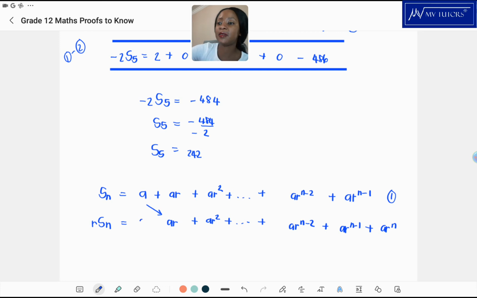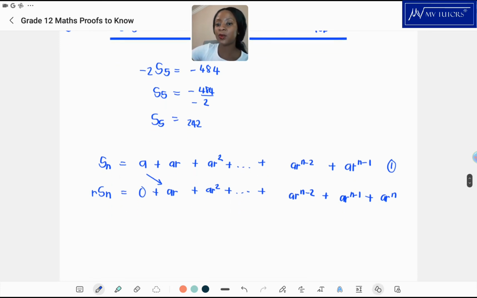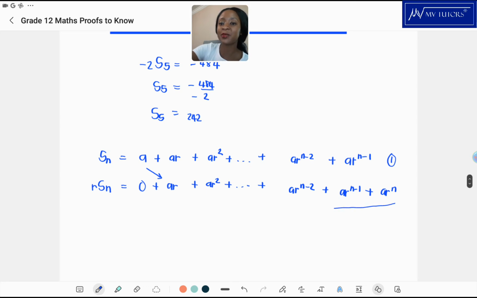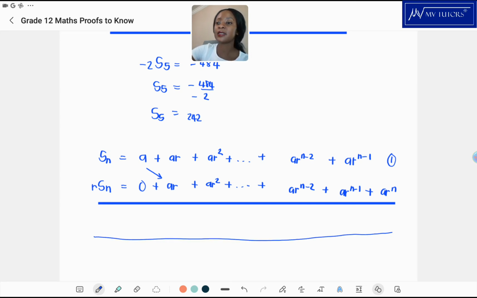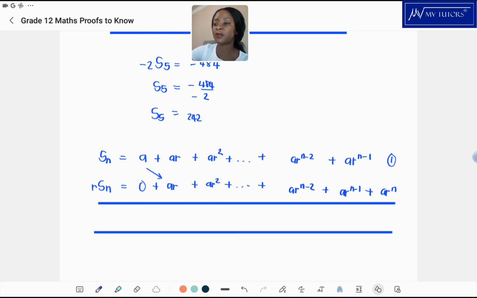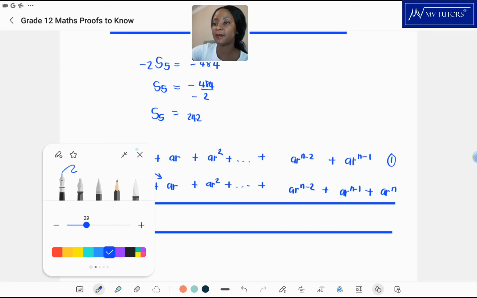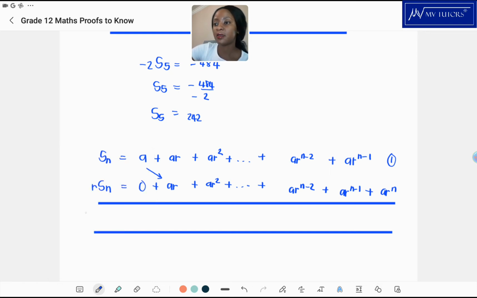And then we have 0 over here. So remember, we're going to take our first equation and subtract the second equation from the first. First equation minus the second equation.